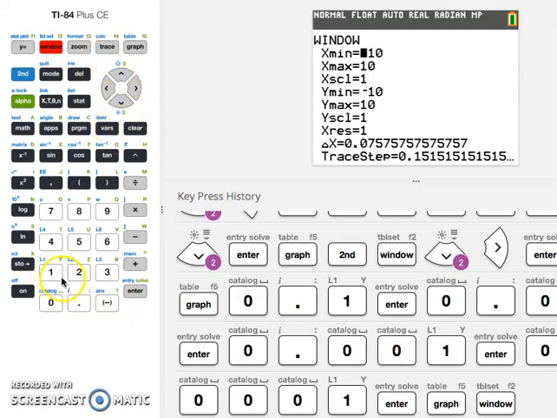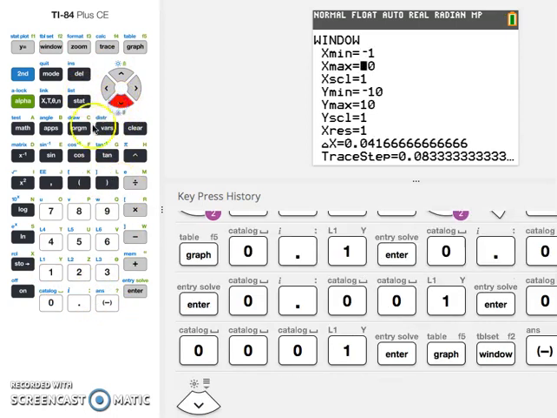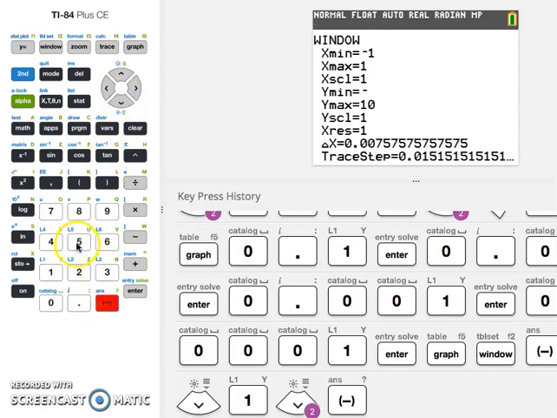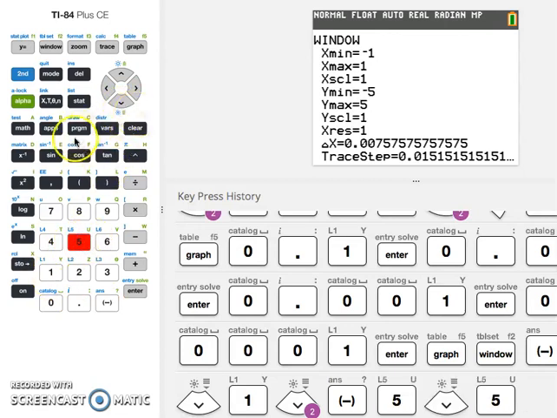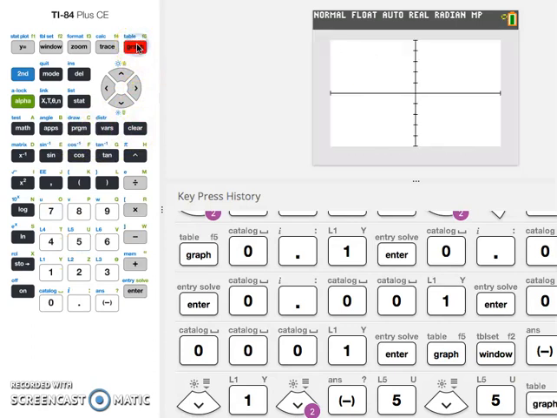So I'm going to change my x minimum to -1 and my x maximum to +1. And my y minimum, it doesn't really matter, but just so that I can make my window a little bit smaller here, I'll change that to -5 and +5. And let's just see what this looks like. So now let's take a look at our graph.